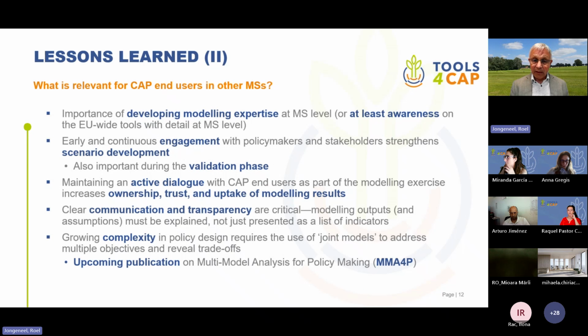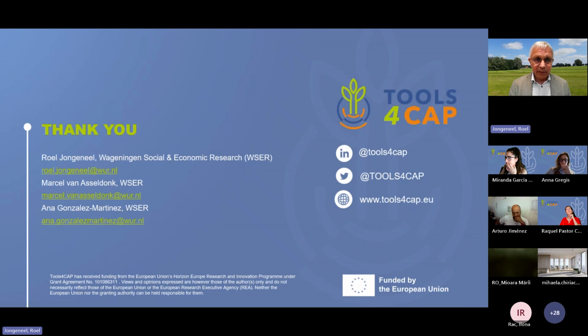In this case study we have three tools connected, and from a methodological point of view we also added some more work in one publication which will be published soon.